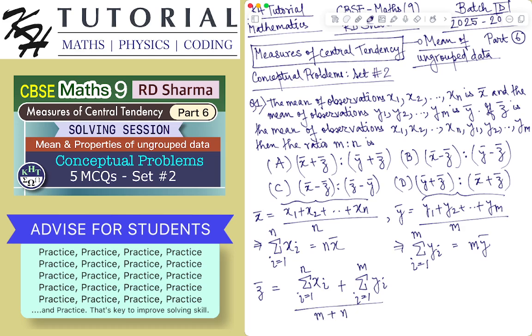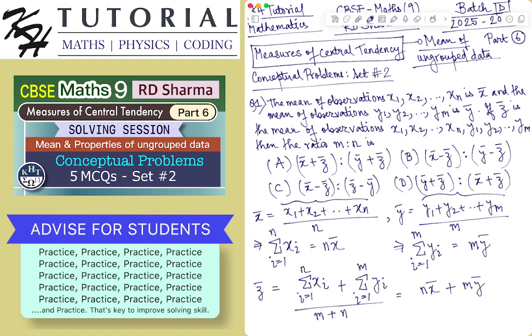Now, summation of xi, i ranging from 1 to n, is n x bar. Similarly, summation of yi, i ranging from 1 to small m, is m y bar. Now, this is a very basic concept of a combined mean of two observations.